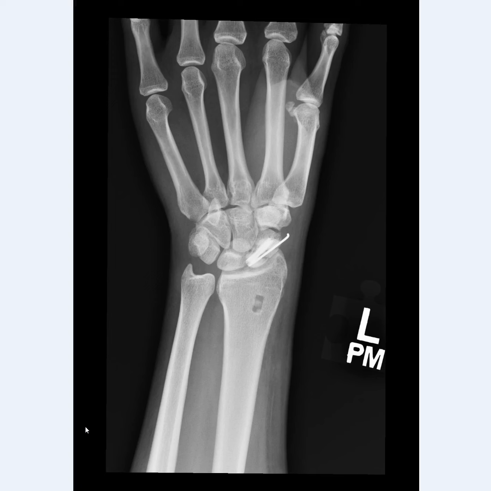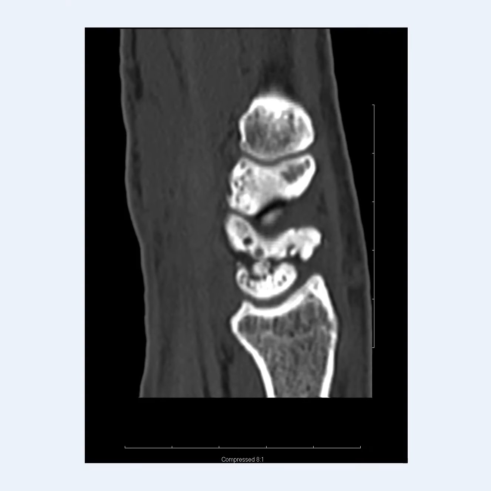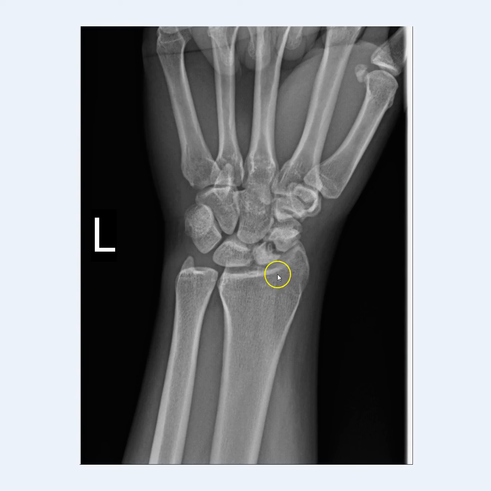The reason that it is so common to get avascular necrosis in a scaphoid fracture is because of the tortuous blood supply that the scaphoid receives. The scaphoid receives blood to the distal end of the scaphoid, which then backtracks to the proximal portion of the scaphoid.